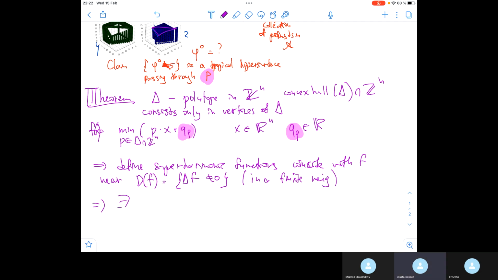And then there is a minimal point, the minimum of this function.